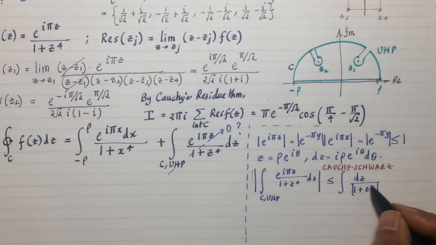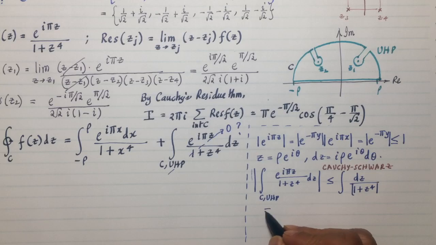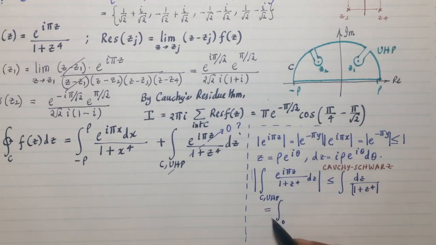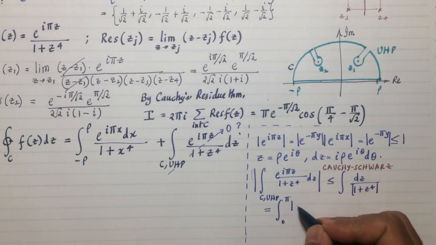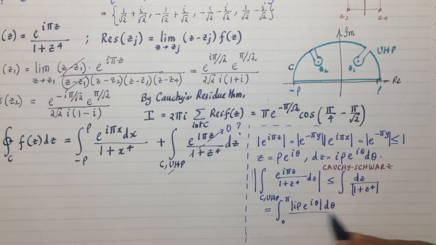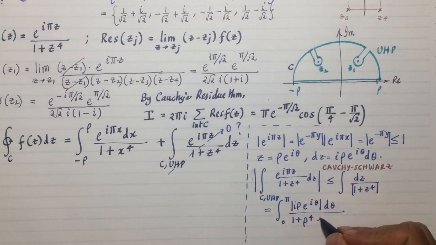Now, I'm going to put the parameterization that I have earmarked here. The inequality sign is still there, but from this step to this step is an equality. The integral from 0 to pi, the magnitude of I rho e to the i theta d theta divided by 1 plus rho to the 4, because I have to raise that to the fourth power, e to the 4i theta.